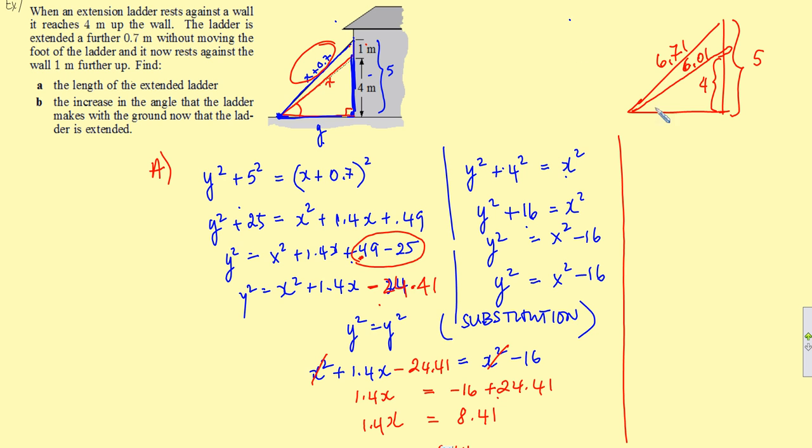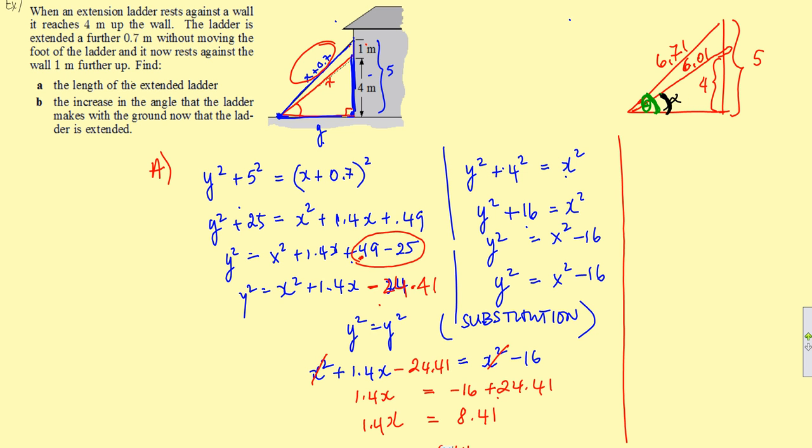Starting with the larger angle, I'm going to place that in green, and the smaller angle I'll put in black. You're going to have to do the subtraction of the two, so I'll call the green angle theta, and the black angle I'll call alpha.